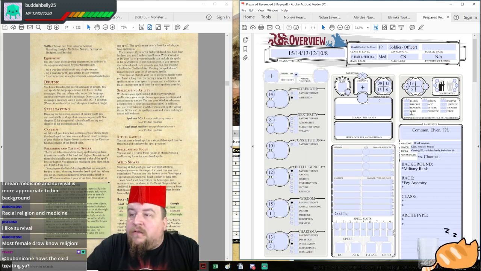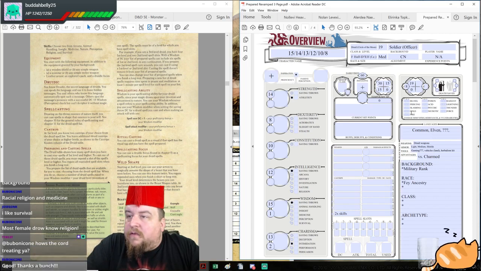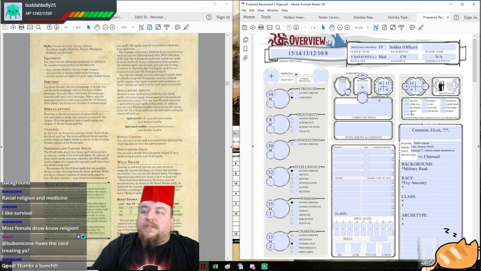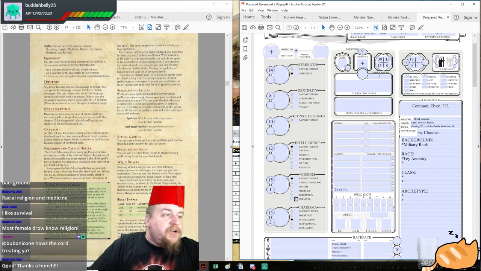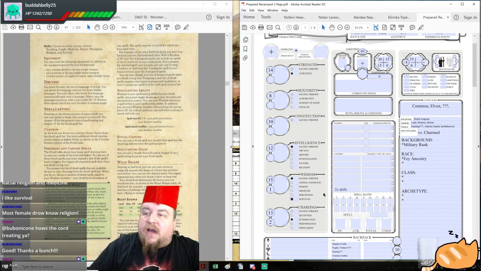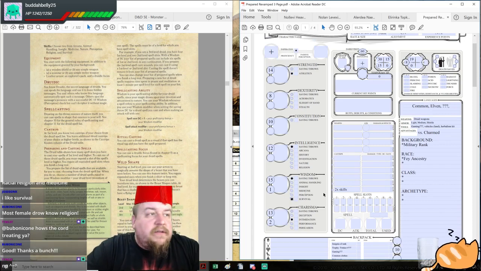So religion, I'm seeing a couple different things here. I'm seeing medicine, survival, religion and medicine. Jose likes survival. So I think survival is going to be one of them for sure. Then we've had a couple reasons to give her either medicine or religion.